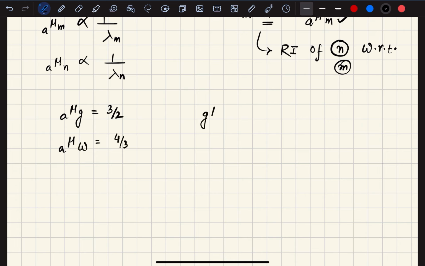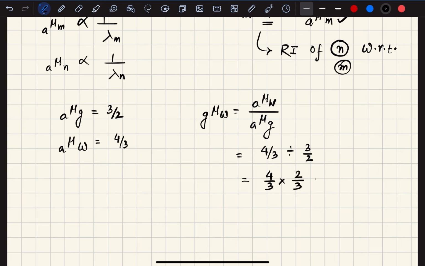It is the refractive index of water with respect to glass. So it will be aμw by aμglass. So this will be 4 by 3 divided by 3 by 2. So this will be 4 by 3 into 2 by 3. So this will be 8 by 9.